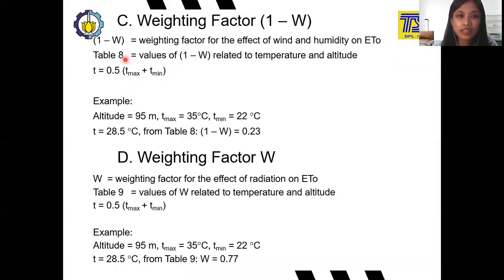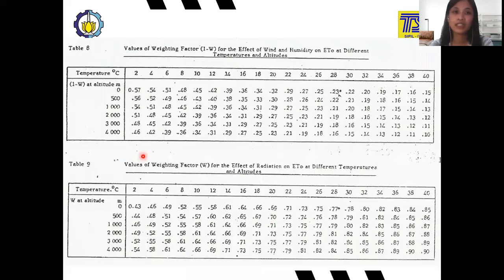And from this example, we got the average temperature of 28.5. And here we have the temperature of 28, and then here we have 30. So the 28.5 is nearer to 28 than 30, so we can use the data from this 28, because it will not have much difference from the desired data.